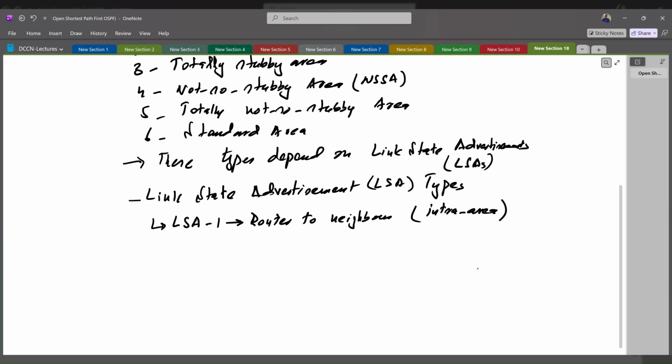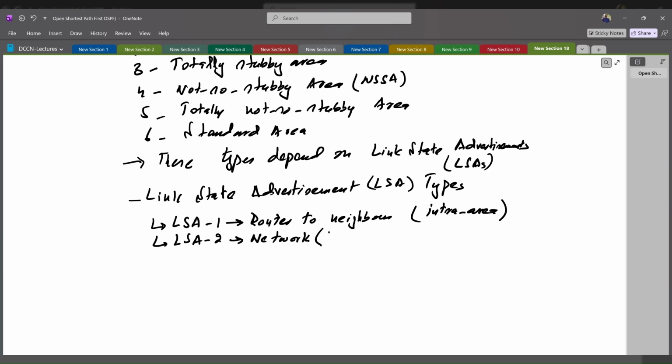Am I clear? The second type of LSA is LSA 2, link state advertisement 2, and this is known as network. So this is router to neighbor. This is about the network information of an area.